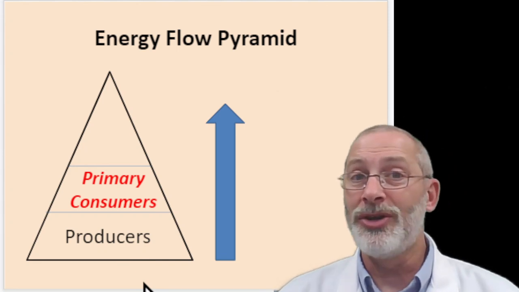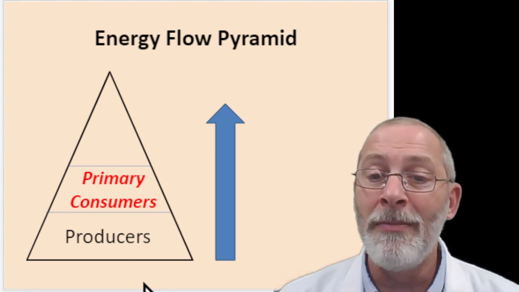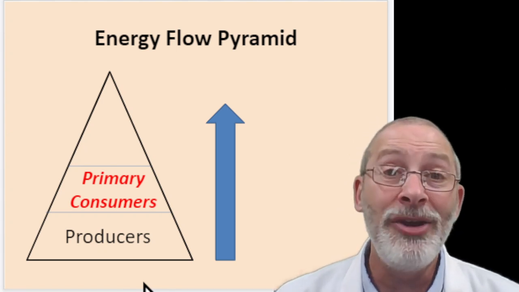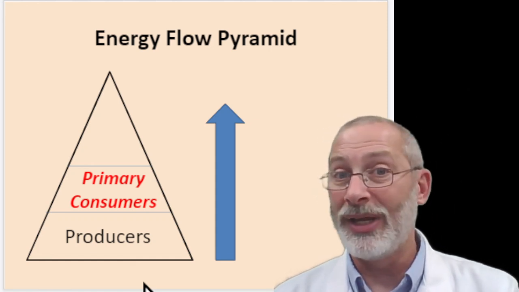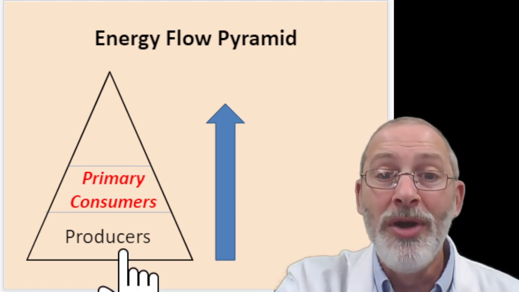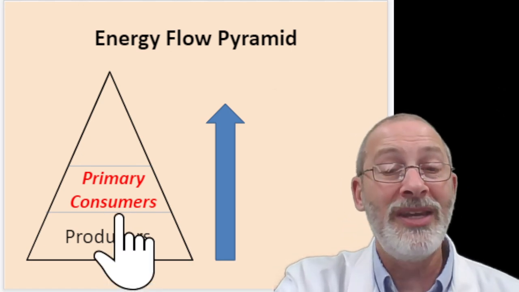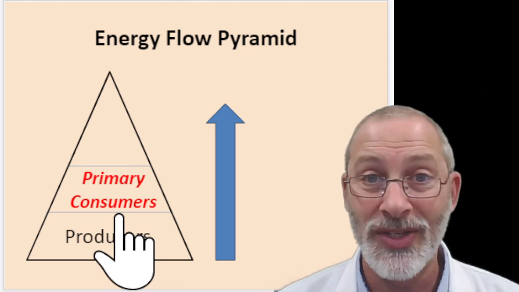Because in nature, there's nothing that's 100% efficient. There's always some loss of energy. And that loss of energy due to a lack of efficiency means that as we go from one level to the next level, some energy is always lost.